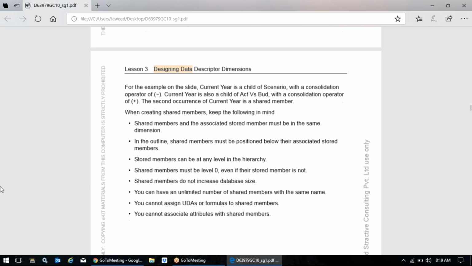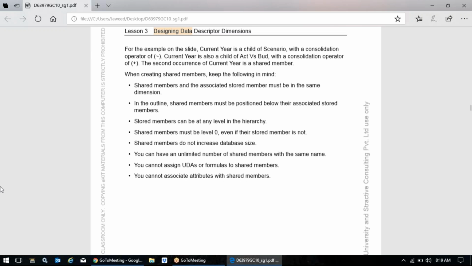And then you cannot associate the attributes with the shared members. When there is no UDA, there is no attribute as well. Now, what is attribute? Do you get the term attribute, Ramki?